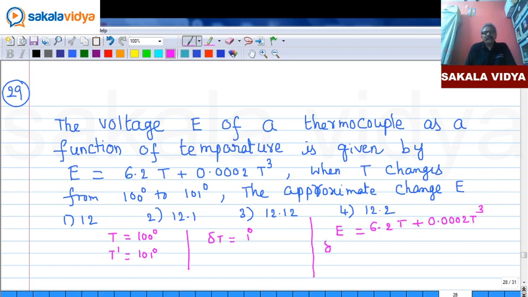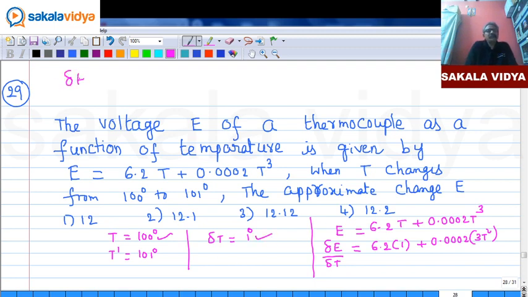So, find the differential delta E by delta T. Equal to 6.2 T differentiation 1, and 0.0002 T cube is 3T square. Now, in the place of T, 100, in the place of delta T, 1 substitute.